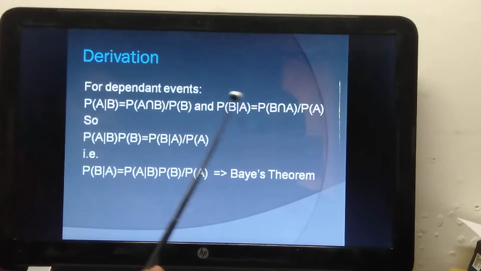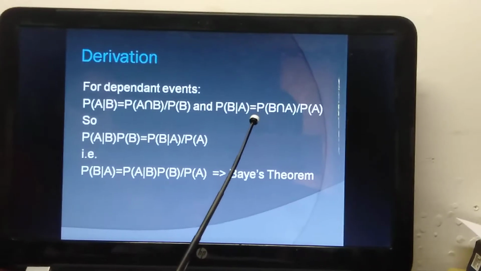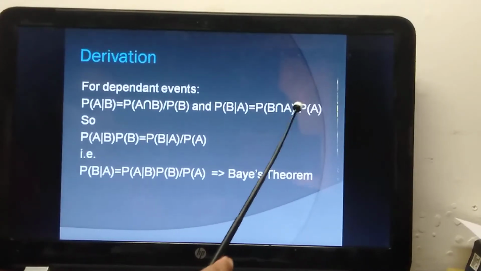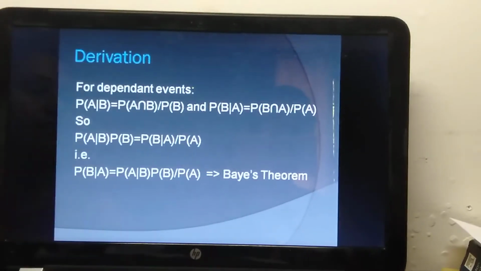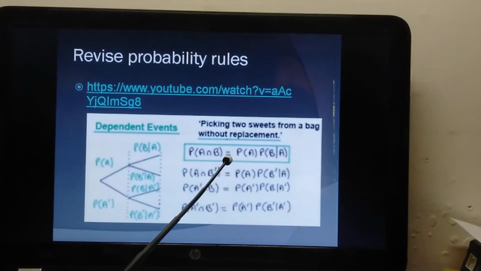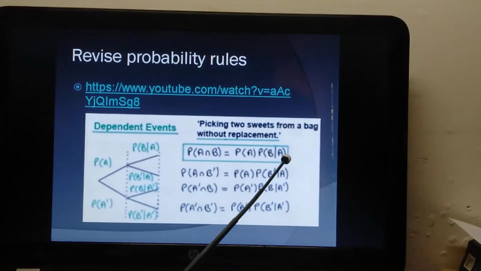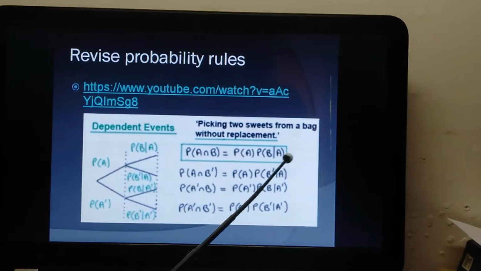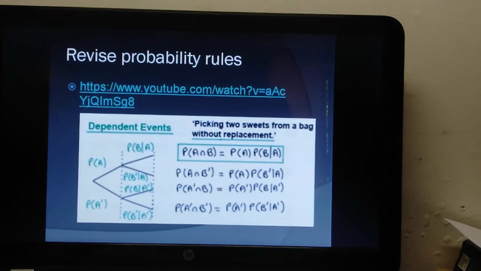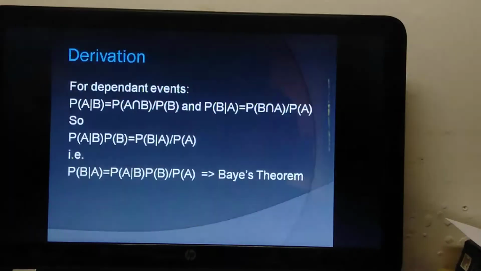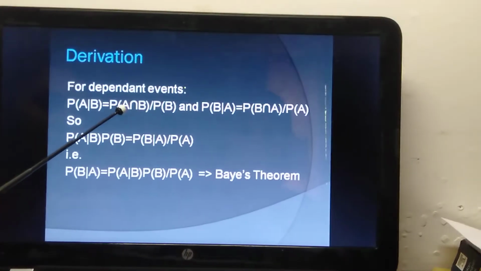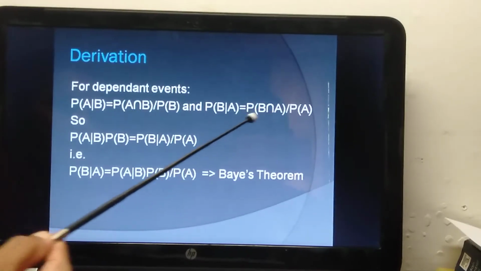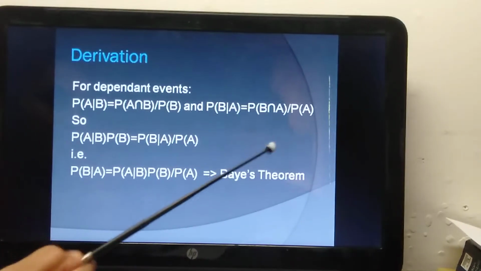Similarly over here we have probability of B given A is equal to probability of B intersection A divided by probability of A. This is derived from this equation. So probability of B intersection A is equal to probability of A intersection B divided by probability of A. From this we have probability of A intersection B and probability of B intersection A is the same because for two sets the intersection part is the same.